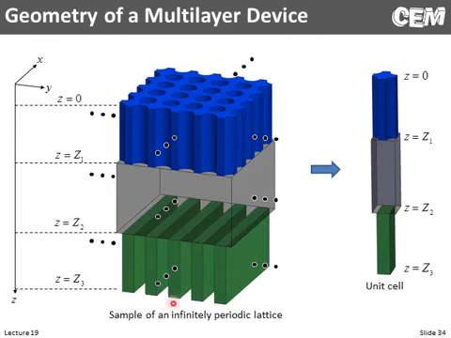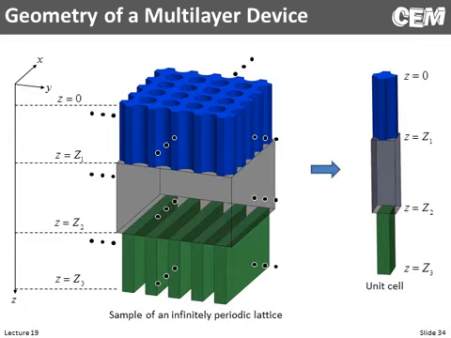So what we're drawing here is a device that we want to model, and it has 3 layers. So the first thing we'll do is we'll pull out a unit cell of this device. Now, one restriction of rigorous coupled wave analysis is that the period of each layer has to be the same. Now, this isn't strictly true, and there's some weird things that can be done.